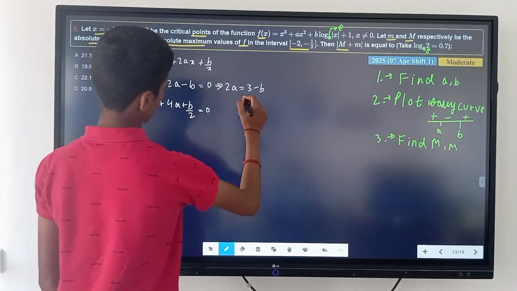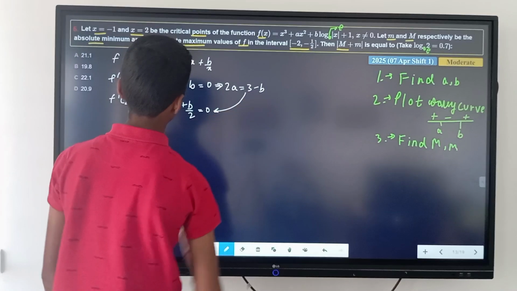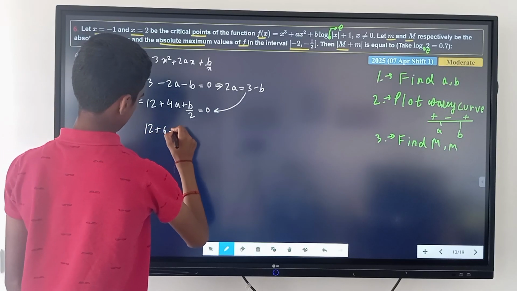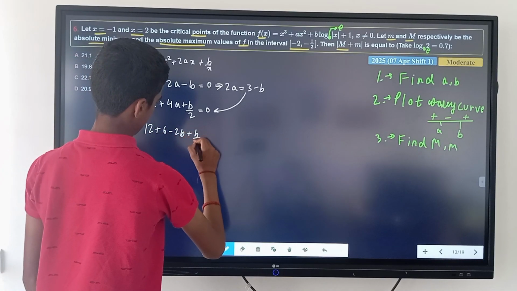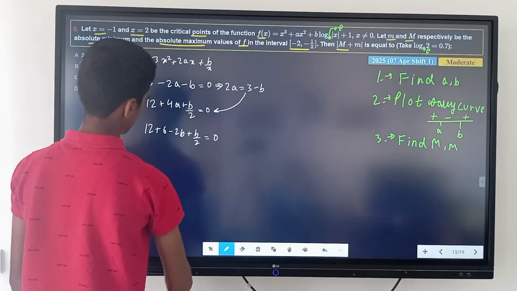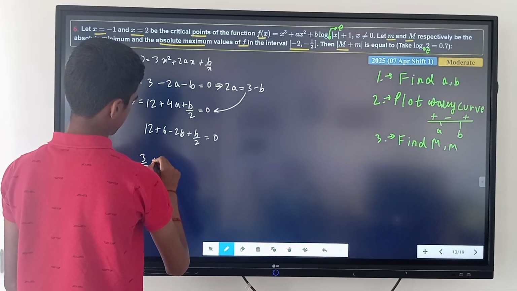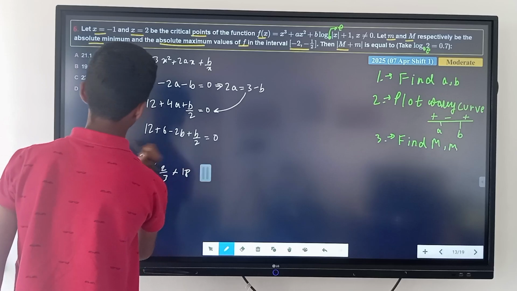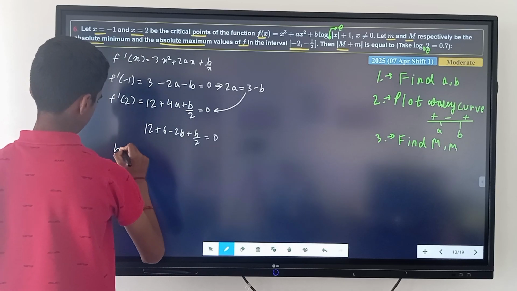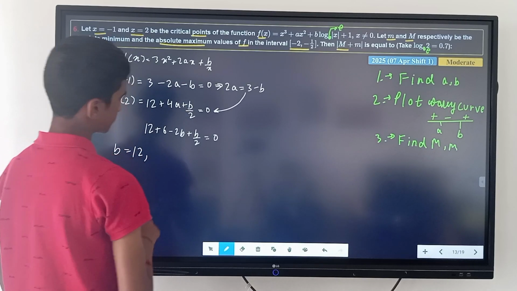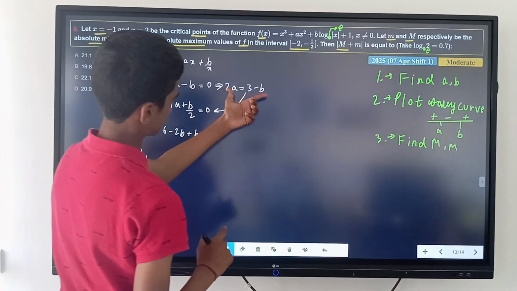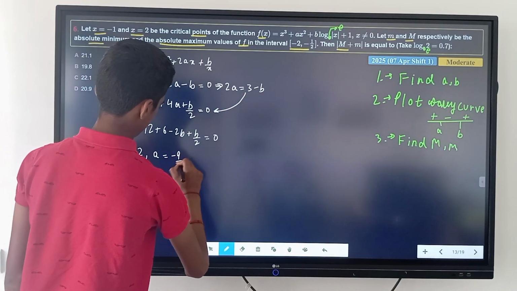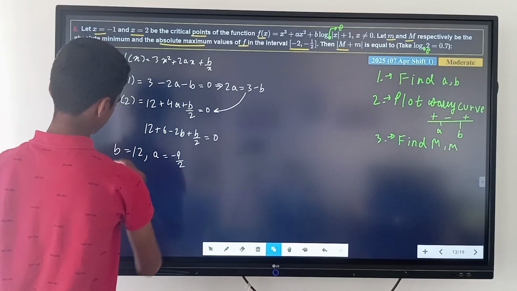Now we are going to put 2a is equal to 3 minus b in this equation. Then we will get 12 plus 6 minus 2b plus b by 2 is equal to 0. 3 by 2b, 2 by 3 and 2 18, b is equal to 12. If b is equal to 12, we will substitute in this equation. We will get a is equal to -9 upon 2.